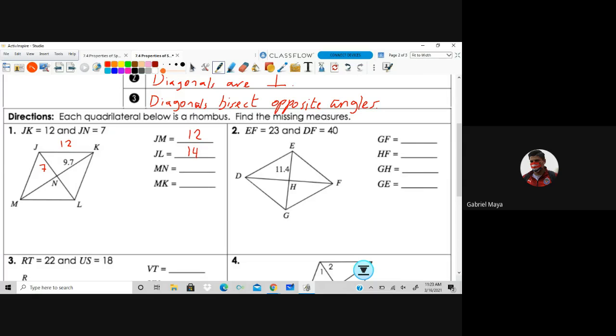Okay. They ask for MN. What's MN? From here to here. Well, if K to N is 9.7, that means M to N is also 9.7. Remember, the diagonals bisect each other. So you would say this is congruent to this, and this, and this. Actually, let's make these be 3.